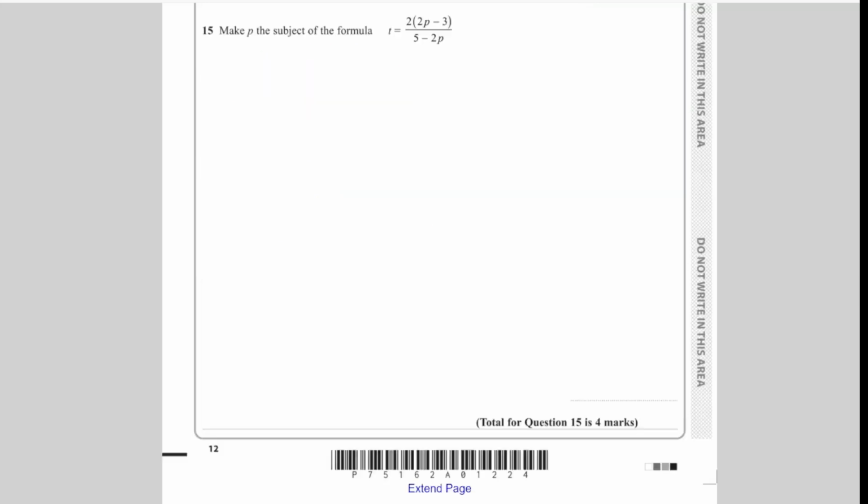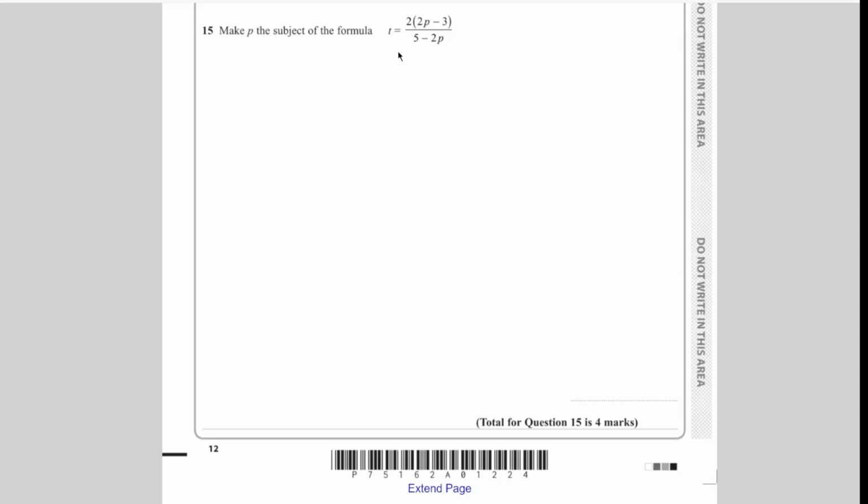Question 15. Make P the subject of the formula T equals 2 times (2P minus 3) all over (5 minus 2P). So we need to make P the subject. Now can you see P is split in two places? So first thing, we need to collect P's to one side.